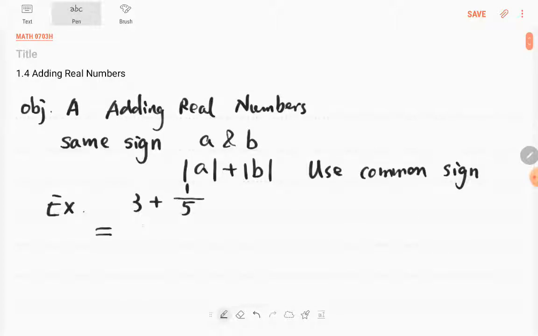So we only need to add their absolute values. Of course, the absolute value of 3 is 3, and the absolute value of 1/5 is just 1/5. So the number will be 3 1/5. Because they both have the positive sign, the answer also has a positive sign, which is not shown here.